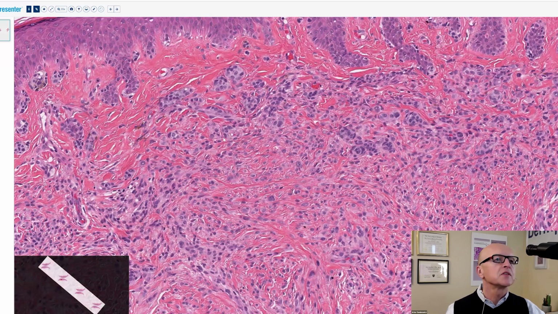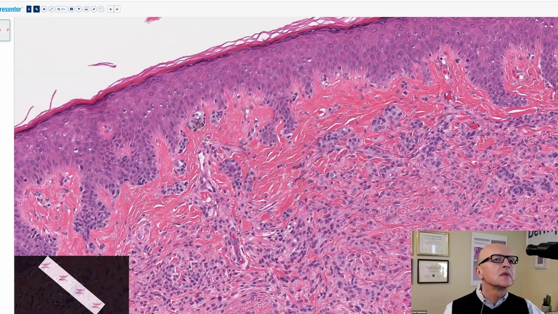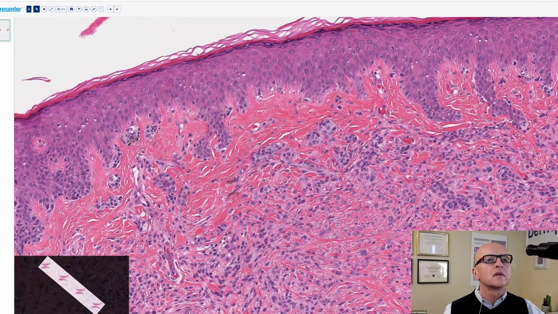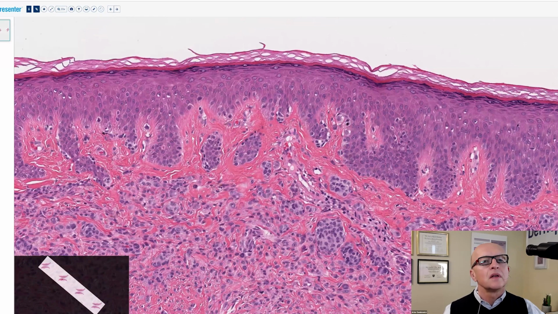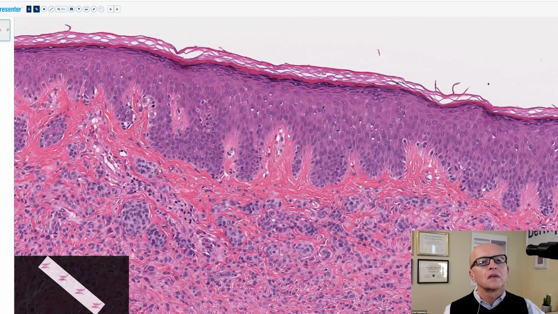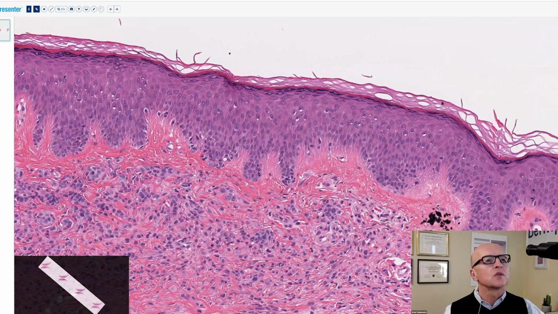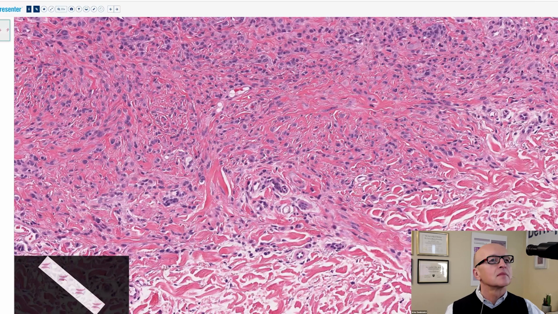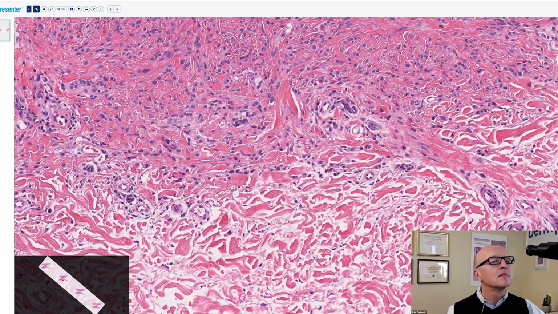Yeah, there's some junctional nests that look somewhat nevic. Nothing very concerning in the junctional component. Okay, so I think that's pretty much it.